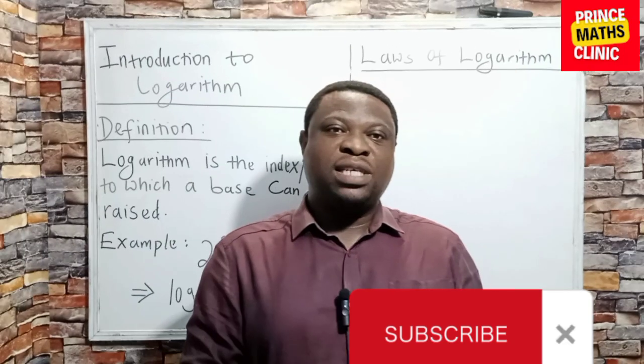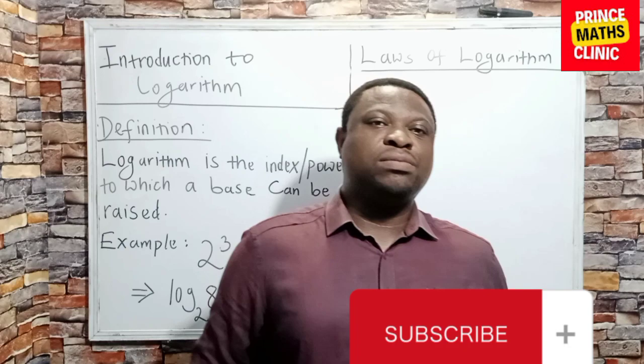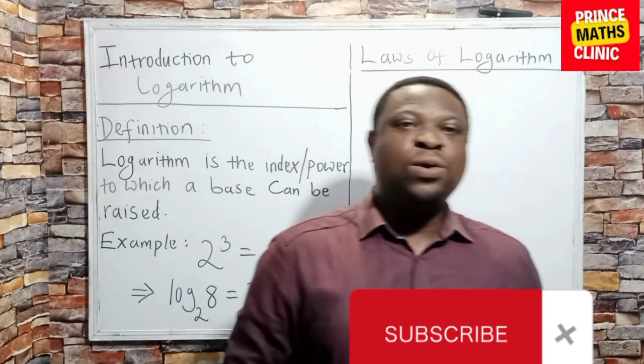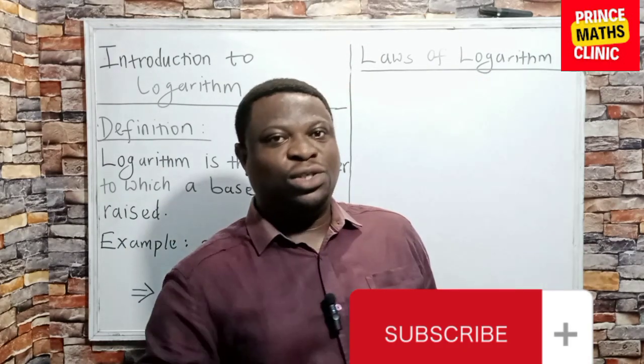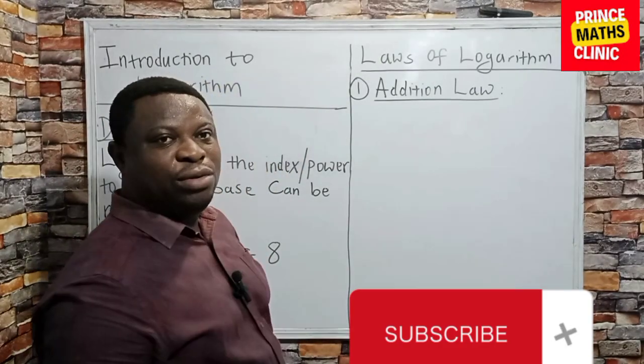The next aspect we shall be looking at are the laws of logarithm. The first law we shall be looking at is the law of addition. And what does the addition law tell us?